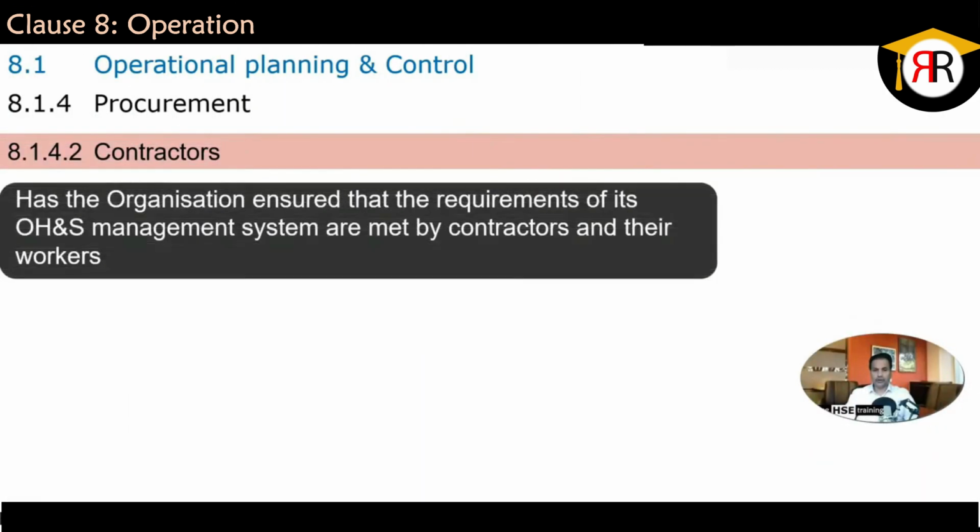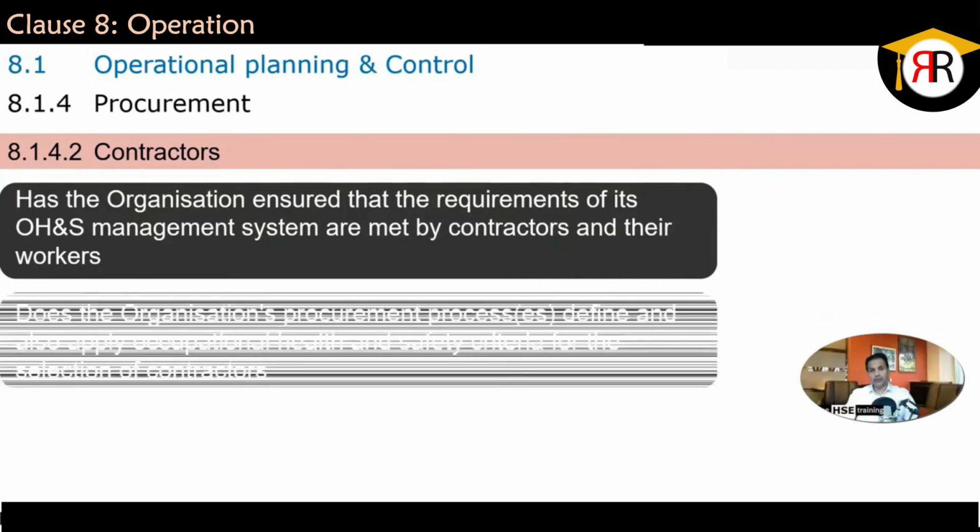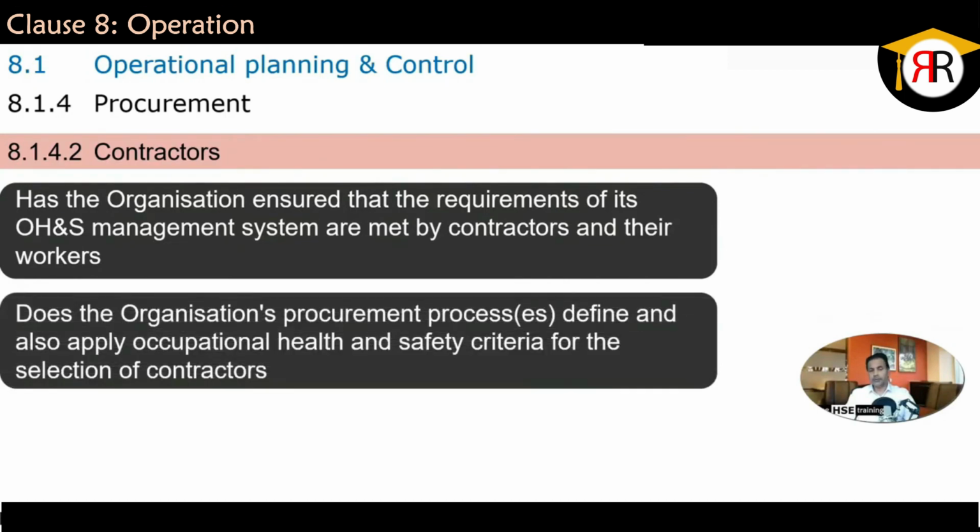8.1.4.2 is contractors, and has the organisation ensured that the requirements of its management system are met by contractors and their workers? And does the procurement process define and also apply occupational health and safety criteria for the selection of contractors?